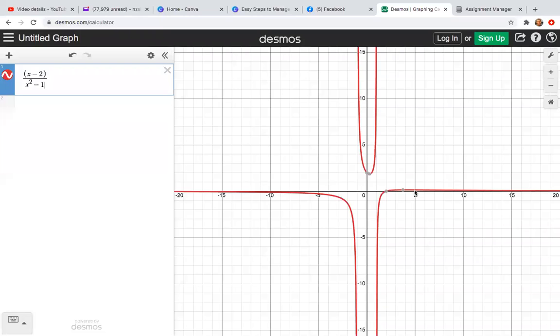Now, the beautiful thing is normally when I do the chapter 3 test in class and it's all multiple choice, what I typically tell the students is, if you're really good at manipulating your graphing calculator, you can actually do the majority of your tasks using the graphing calculator. The only way for you to be able to get good at the graphing calculator, guys, is to practice with it.